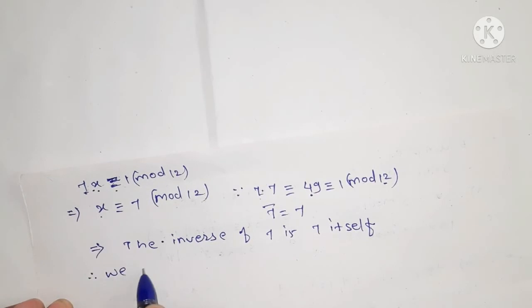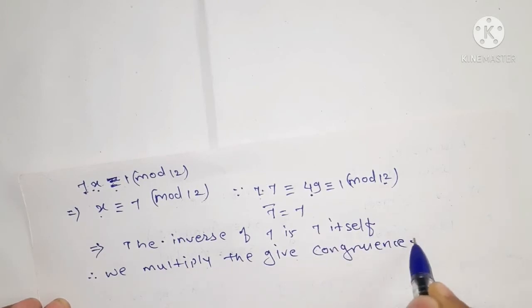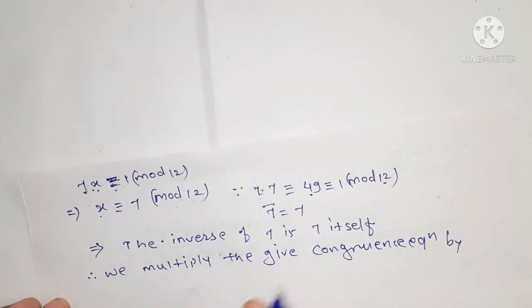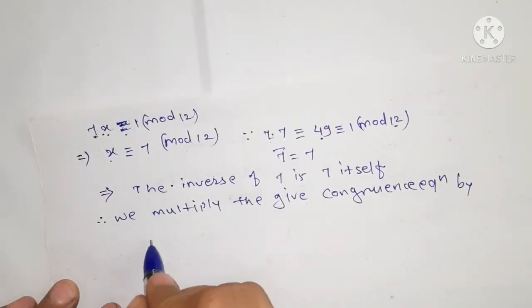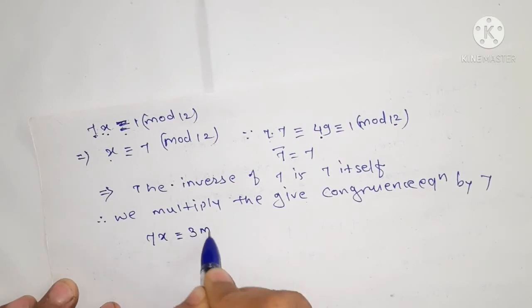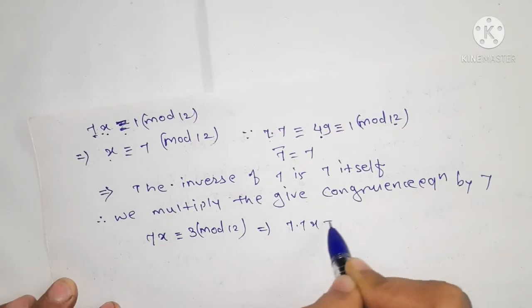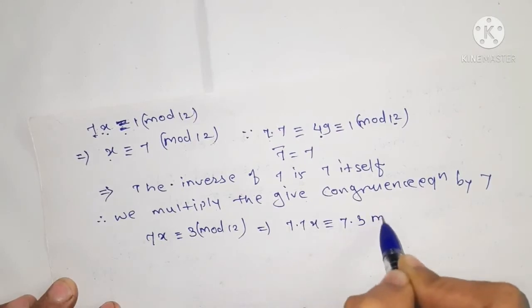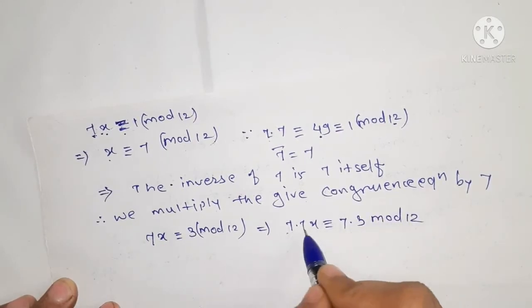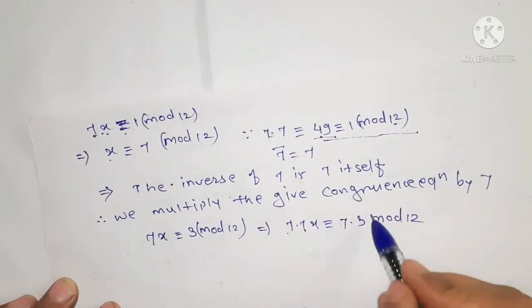Therefore we multiply the given congruence equation by 7. Therefore we get 7x congruent to 3 modulo 12, which implies that 7 times 7x is congruent to 7 times 3 modulo 12, and 7 times 7 is 49, which is congruent to 1 under this modulo 12.